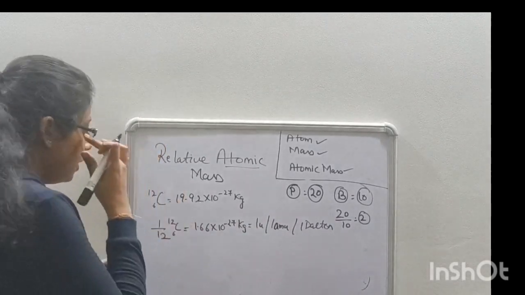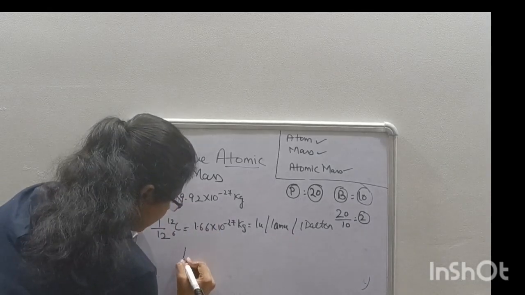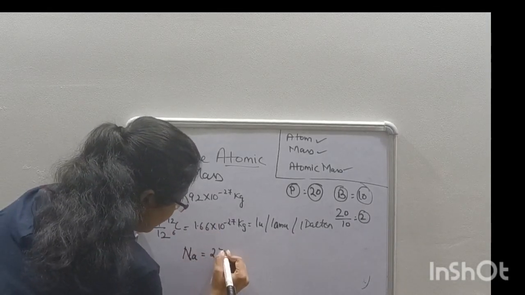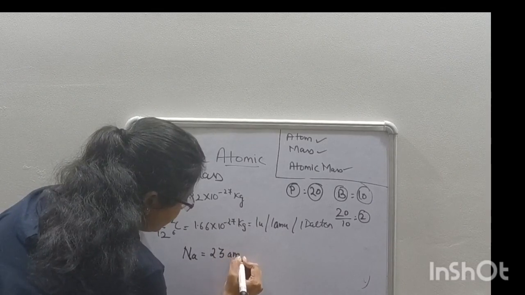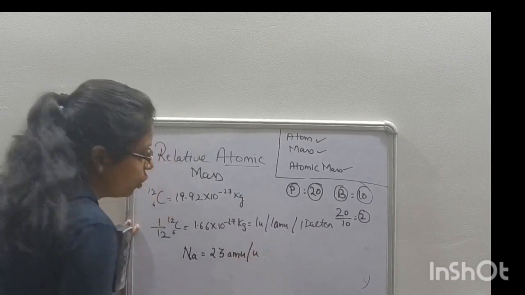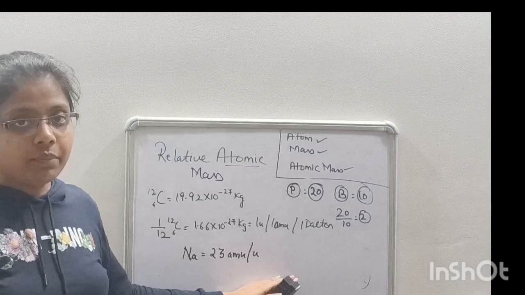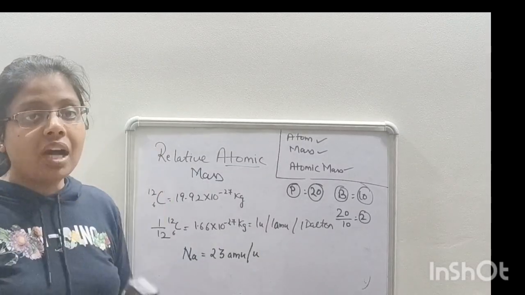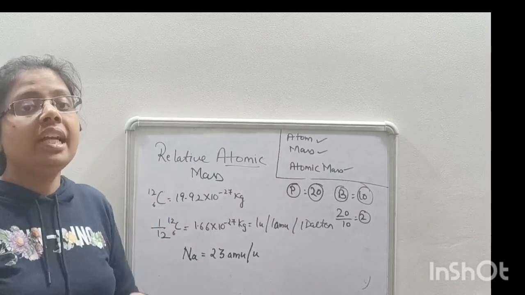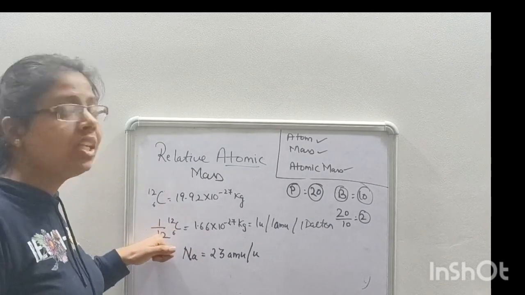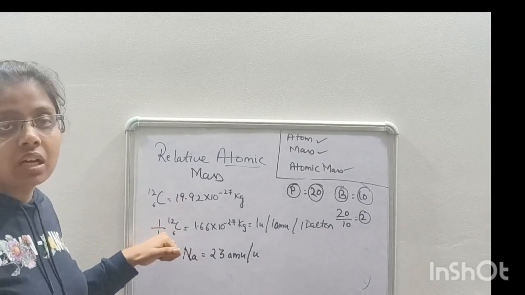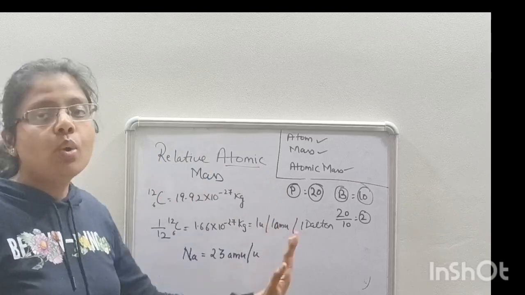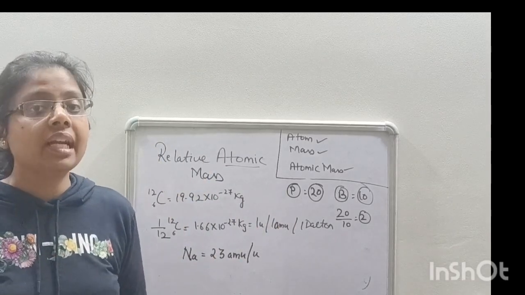For example, sodium has a mass of 23 AMU or 23 U. It means the mass of sodium is 23 times higher than 1/12 of the mass of the carbon atom. So now we come up with the formula of relative atomic mass.